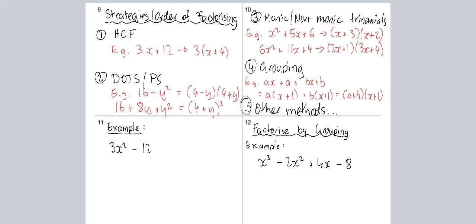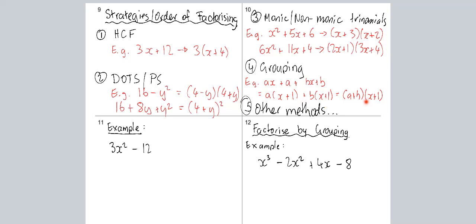But you can see I've gone from 4 terms in this instance, and grouping almost always is 4 terms. Sometimes you have to make the 4 terms, but it's almost always 4 terms. And then I've taken out a common factor of a. So I've got a partial factorisation here and a partial factorisation here, but the expression hasn't been factorised yet because I basically split it into 2 bits, this plus this.